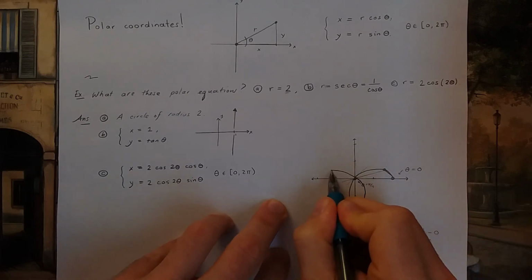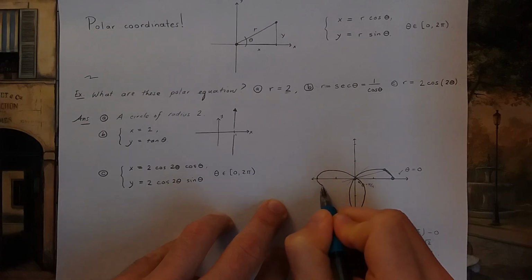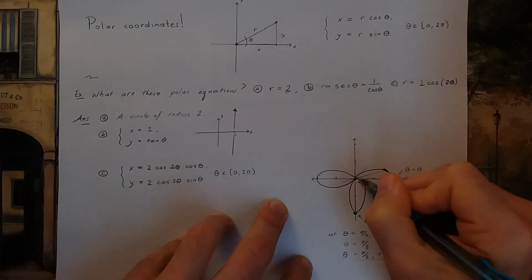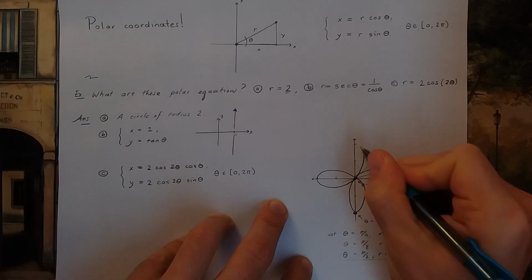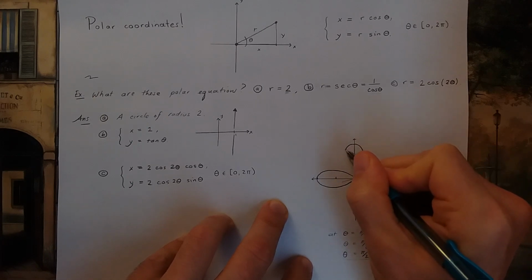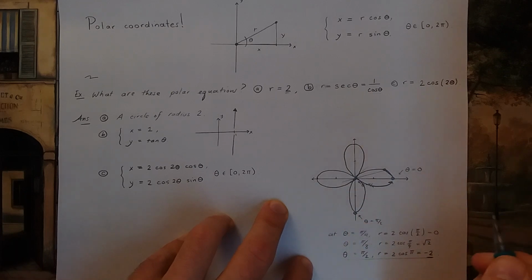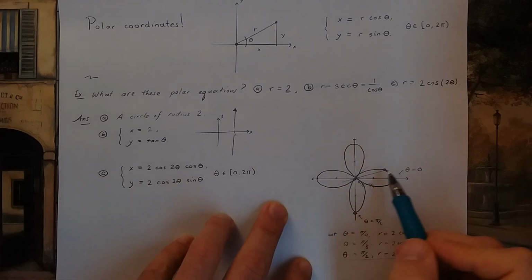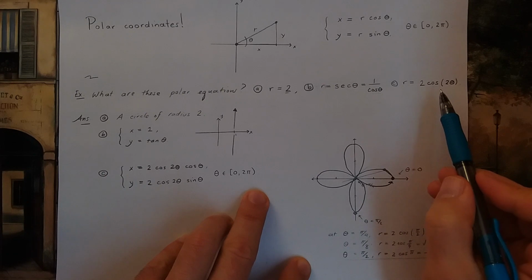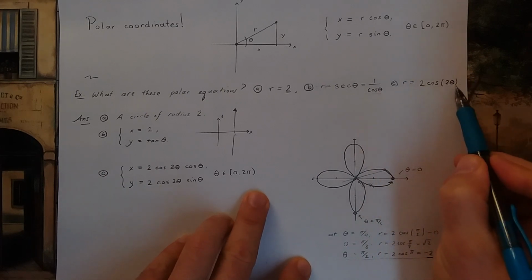You would get kind of like a flower shape. I don't know if this is a flower or not, but you get a nice pattern that looks like this. So that would be the graph of the polar equation 2 cosine 2 theta.